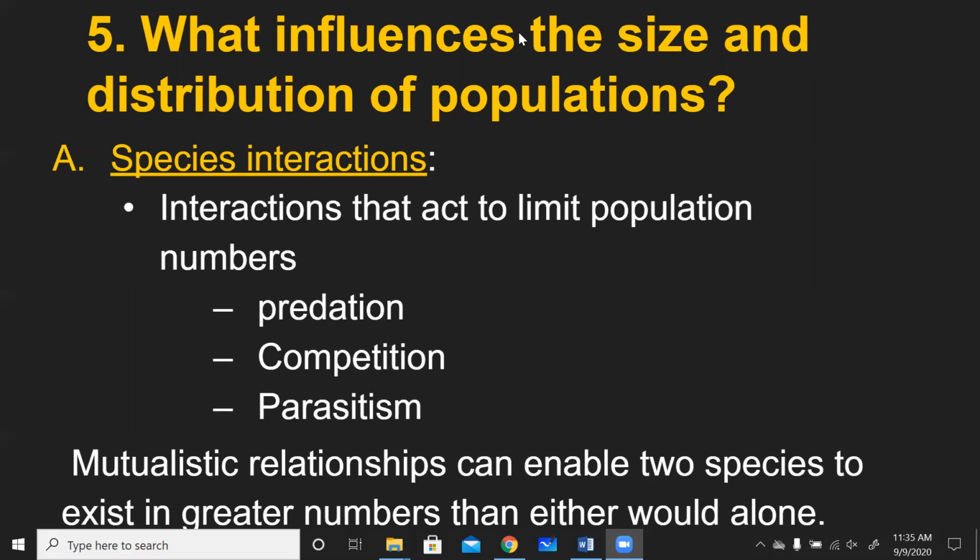And those three things are going to limit population numbers. But on the flip side of that, you could also have a mutualistic relationship between organisms that could enable two species to exist in greater numbers than they would by themselves. So two species can benefit one another rather than just limiting each other. It just depends on what those two species relationships are.